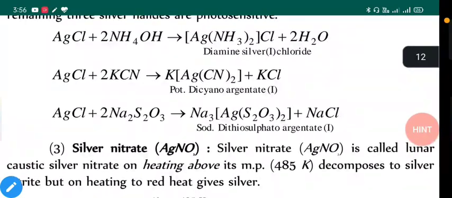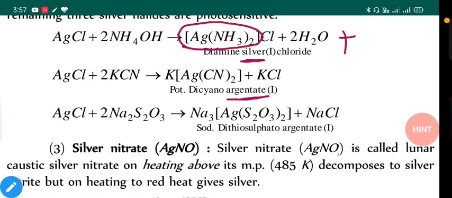Now reactions are mentioned. AgCl with NH4OH forms [Ag(NH3)2]Cl, diamminesilver(I) chloride, which is a complex compound. Similarly, AgCl with KCN forms potassium dicyanoargentate(I). Note that the name of the metal is mentioned as silver here and as argentate there. The reason is that when our complex is positive, we use the normal name of the metal.